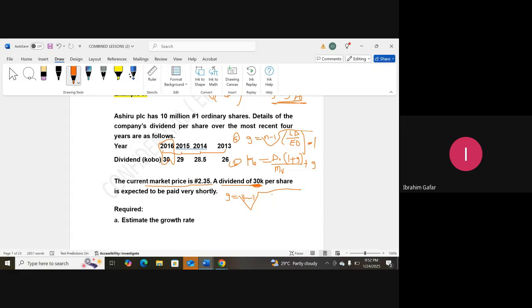So what's my latest dividend? 30 kobo. Earliest dividend? 26 kobo. Then we bracket and subtract 1. So what's your growth rate?